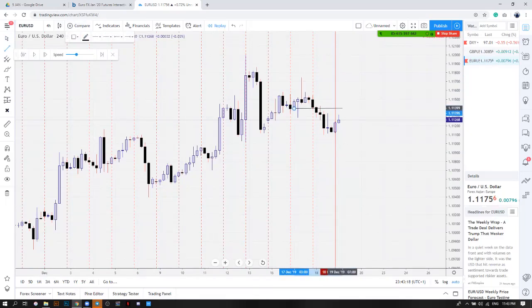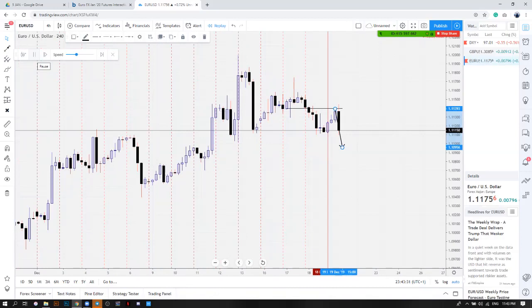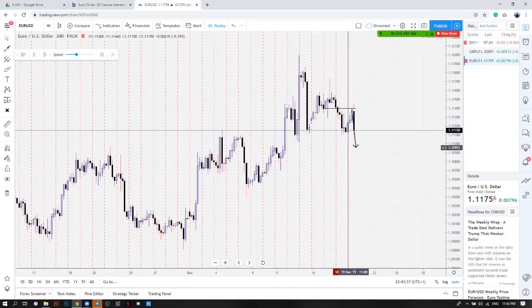Even if you don't want to trade on Mondays, you could most likely expect the market to drop from this region. But we're looking for the daily range to expand to the downside. So you want to see the market drop. Perfect. The market goes down. And what levels could we look at the market rallying from? So there is 1.